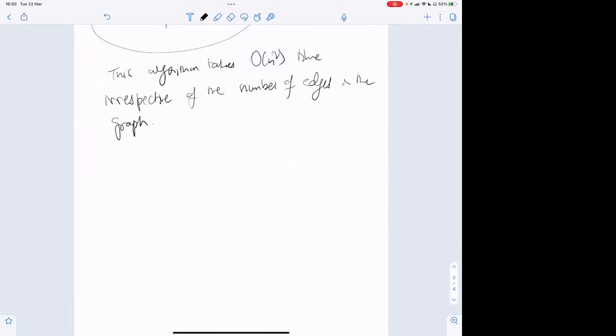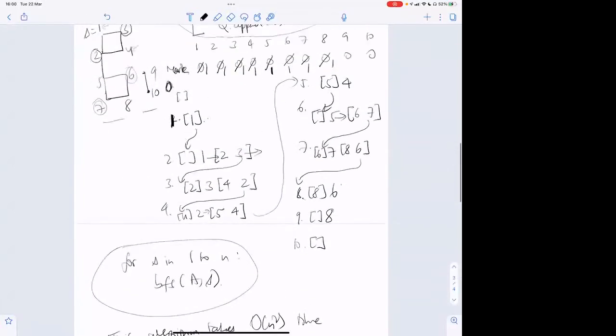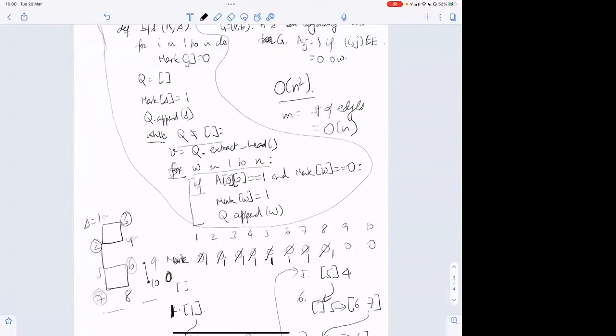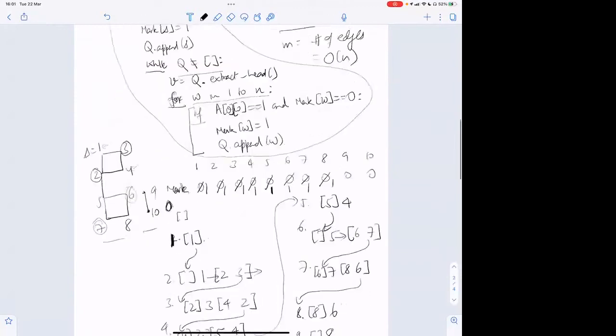Whether you have very few edges or as many as n squared edges, this algorithm will take time which is bounded by order n squared, correct? Yes. Because there are 2 loops and each loop runs at most n times. In a connected graph, it will take n squared time, correct?